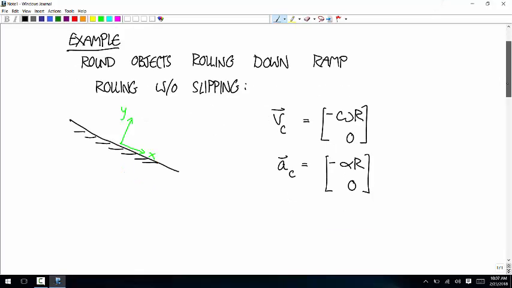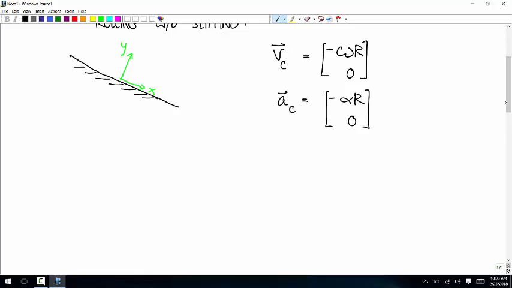Now we're going to include the loads acting on these things. And I'm just going to do this problem for a general thing with a round outer surface.